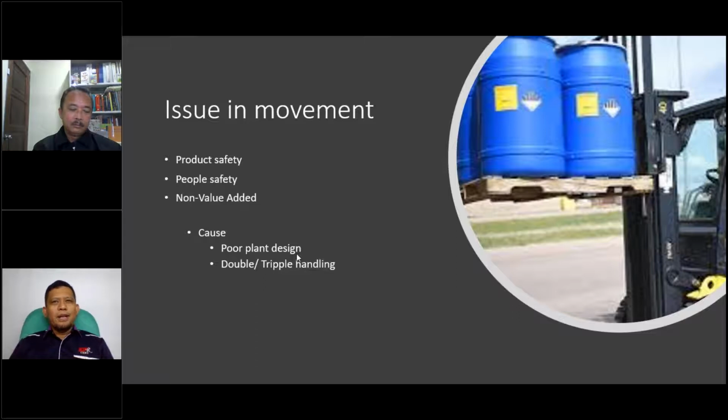But I agree. Why is it so far? Is there any study on whether the explosion can reach more than 500 meters, or is it just 200 meters, or maybe 100 meters? Why don't you put it near the front, the entrance, so it can minimize the tanker movement inside your plant? Why is your entrance so far from the tank farm?